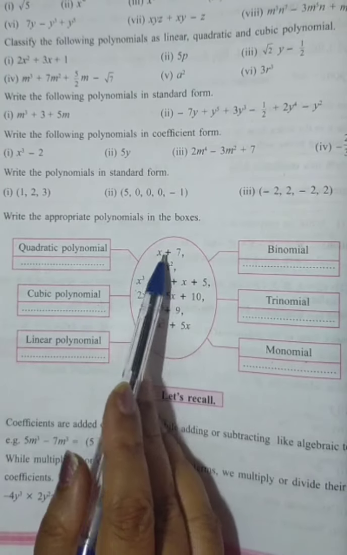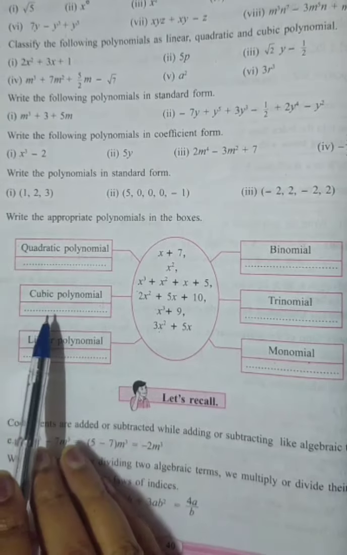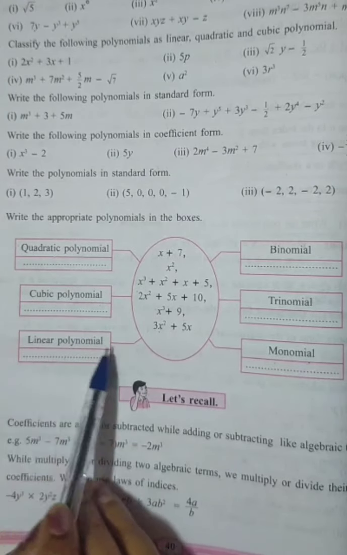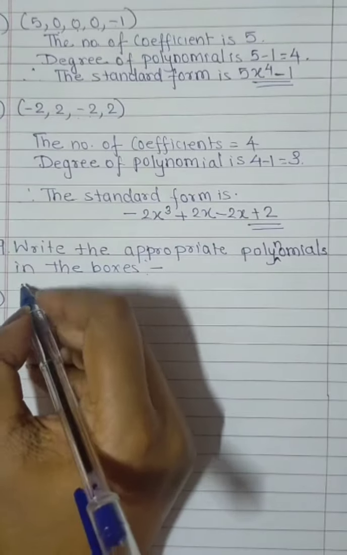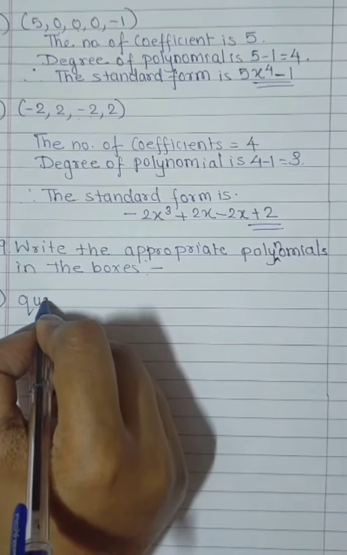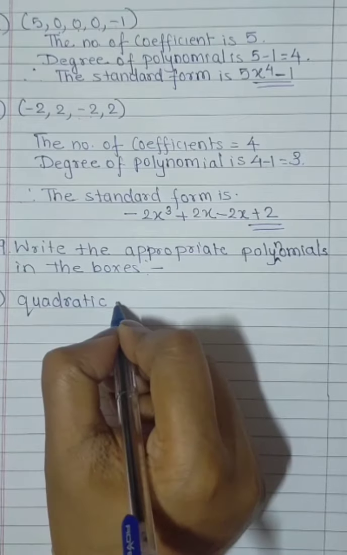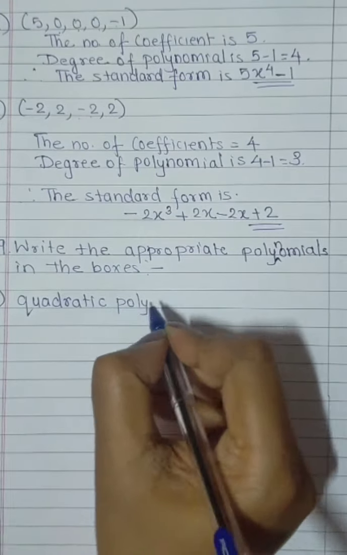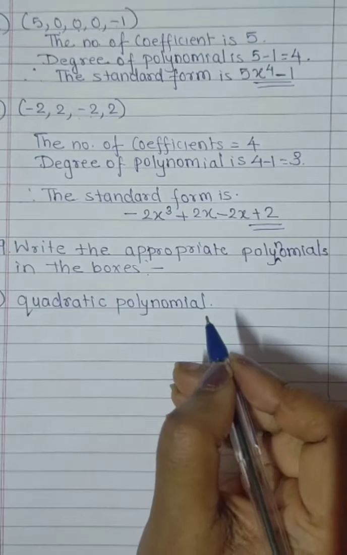We have to write the correct equation under the correct category. So I am writing. First is, please refer to page number 40. I am writing here the first one, quadratic polynomial.